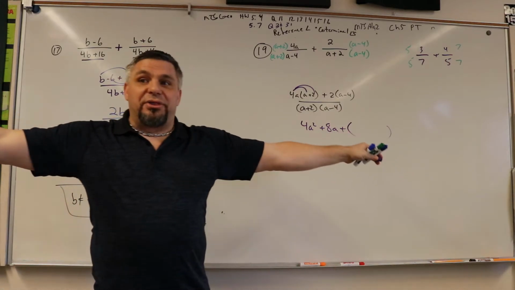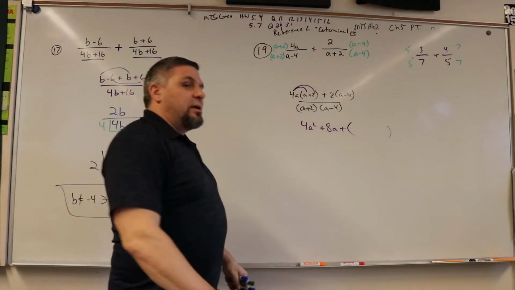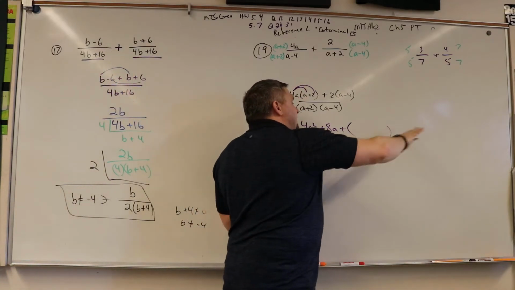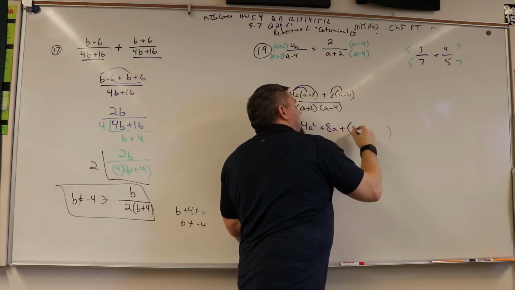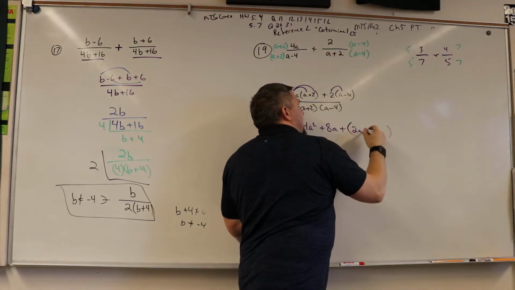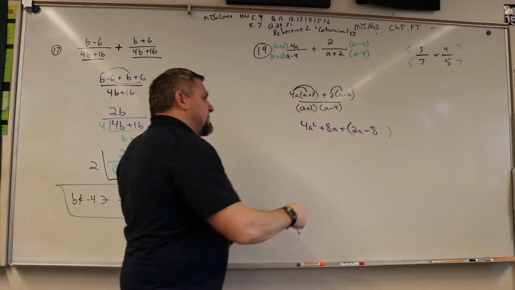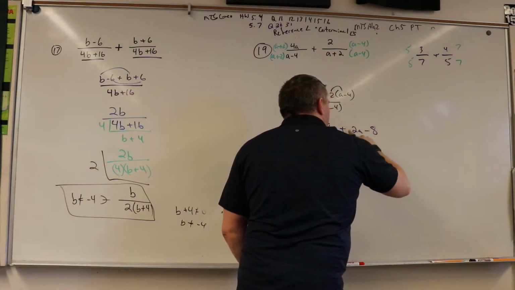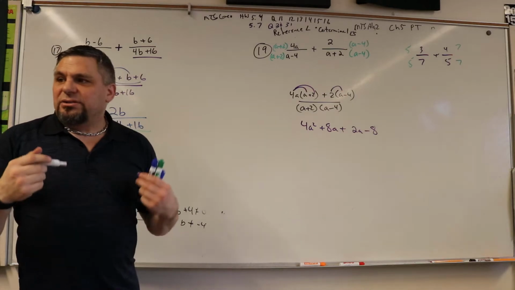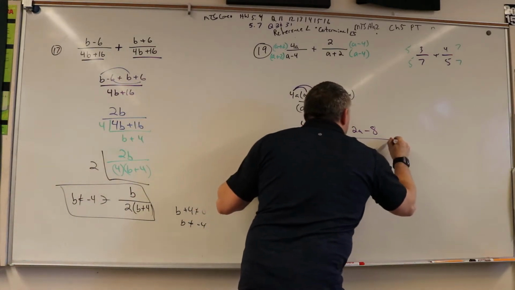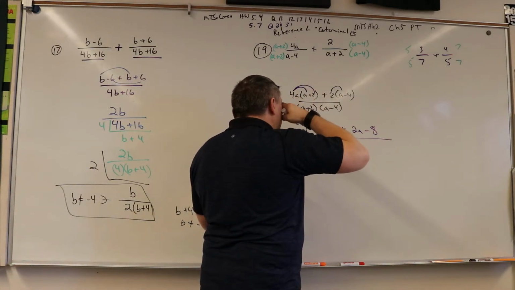Which changes all their signs. But right now I'm just adding everything. So that's 2a and negative 8. Okay? And since I'm adding, it doesn't really matter what I'm doing, right?